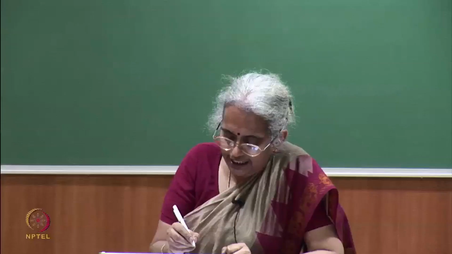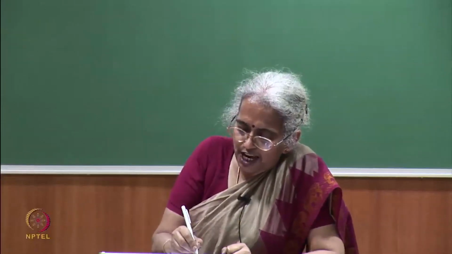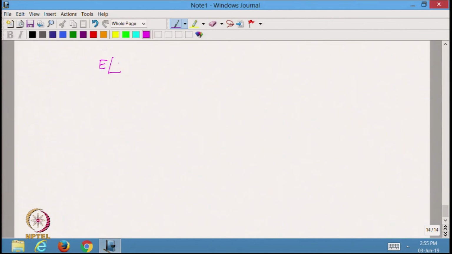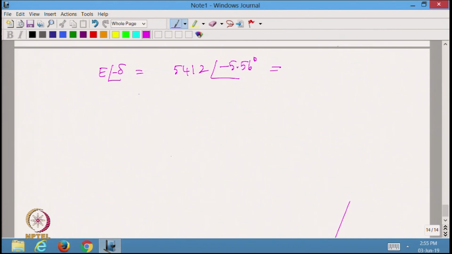Once you have got delta new, this is pretty simple now. Because I know delta new, I should be able to say E angle delta in the new condition, which is 5412 angle minus 5.56 degrees, is going to be equal to Vt angle 0 minus jXs Ia new phi new.